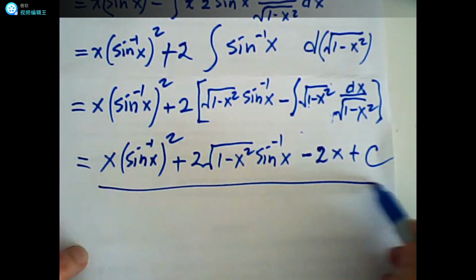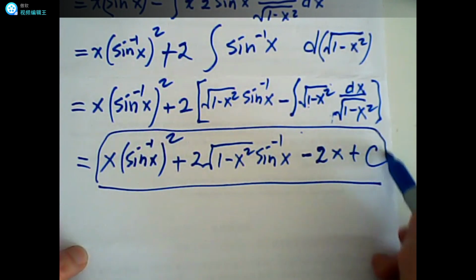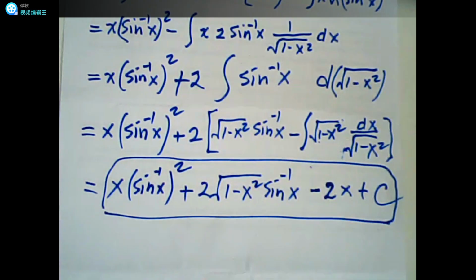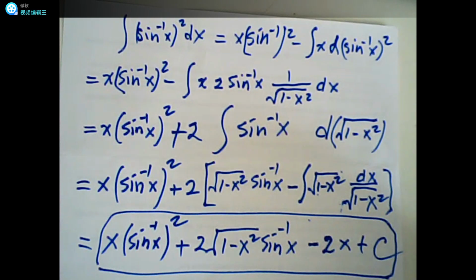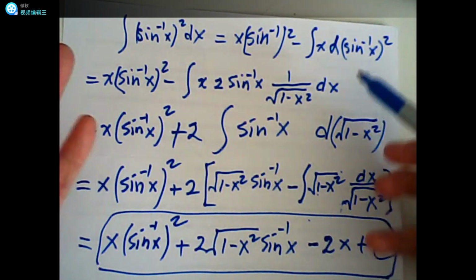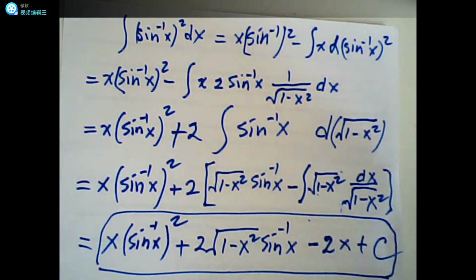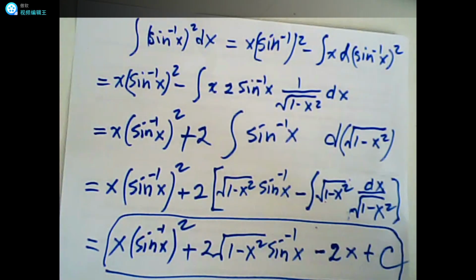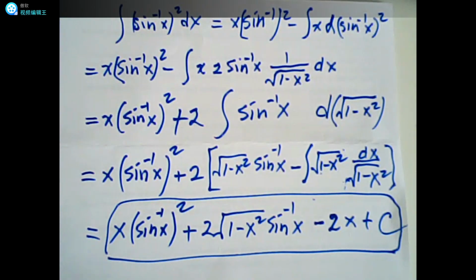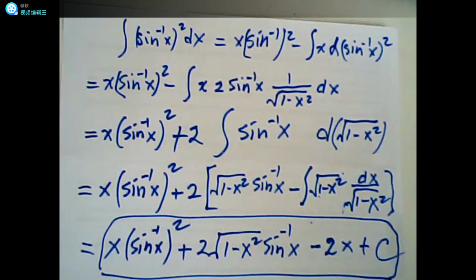So that is the result. See, the second method is much better. Without substitution, by parts is straightforward, no interruption. I think this is a very good method. Okay, thank you for watching.